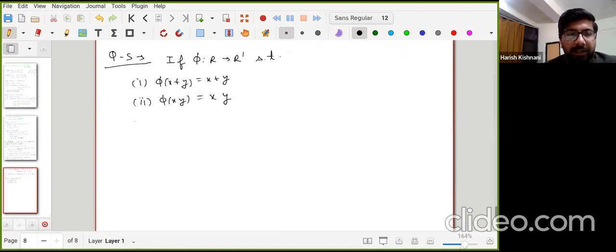Okay. But I am saying that instead of checking that identity goes to identity, if you check that phi is onto, then that will imply that phi is a ring homomorphism.